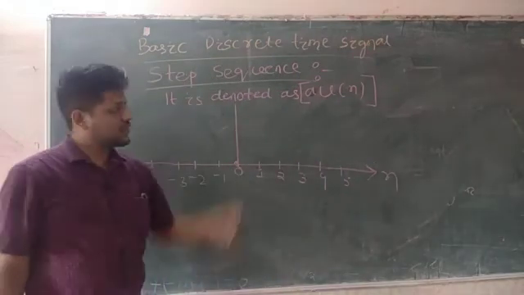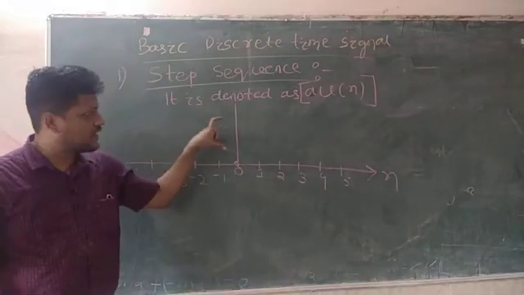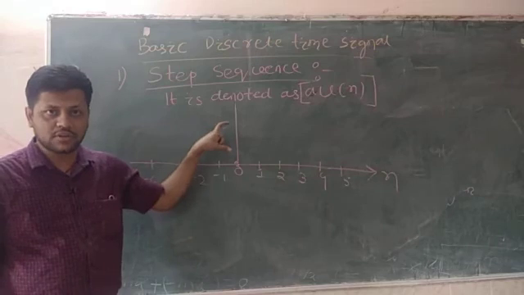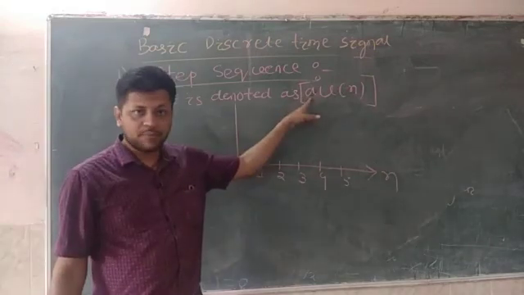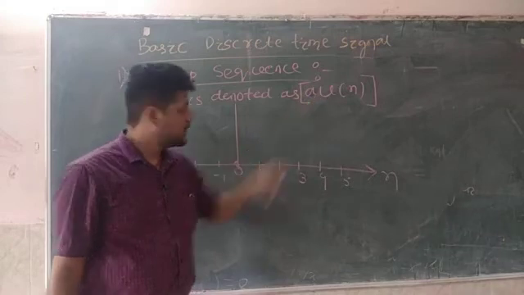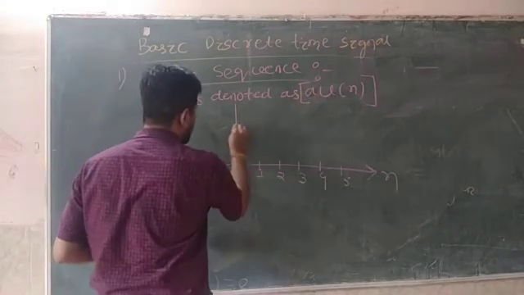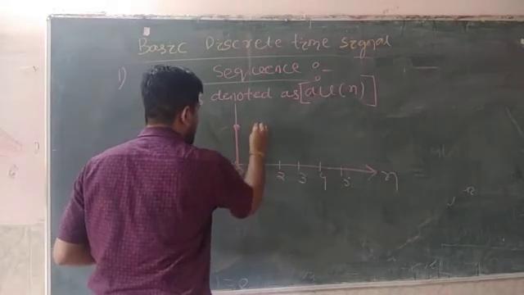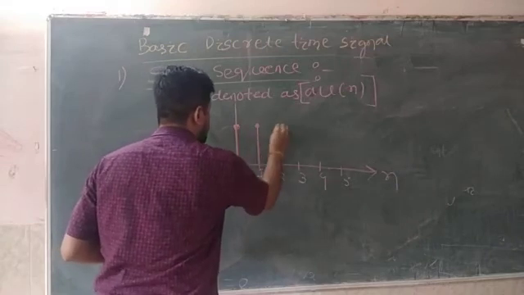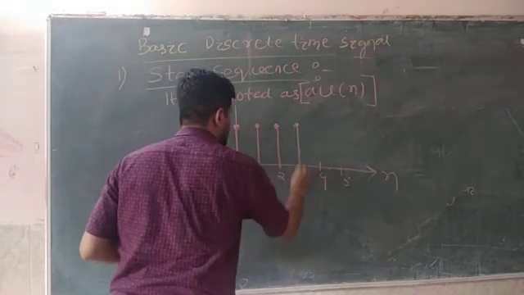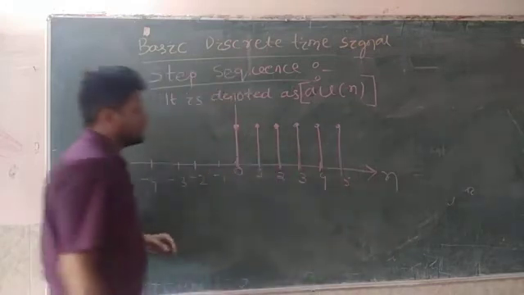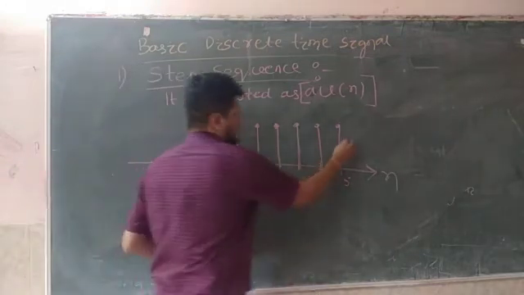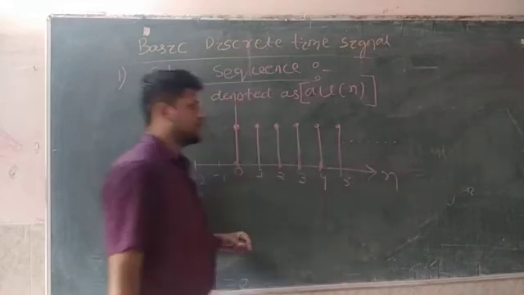The step denotes the height or amplitude. Since the coefficient is A, we will draw it like this.